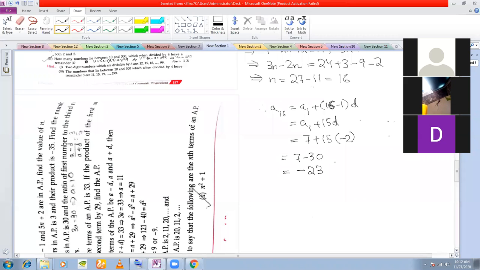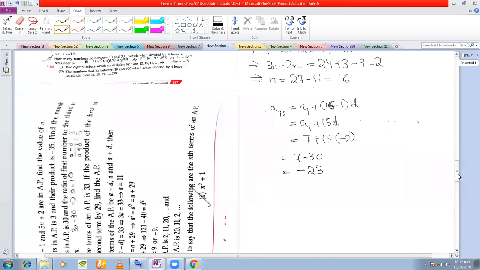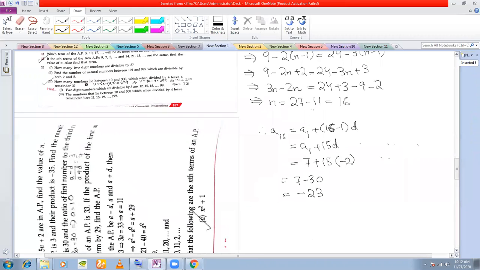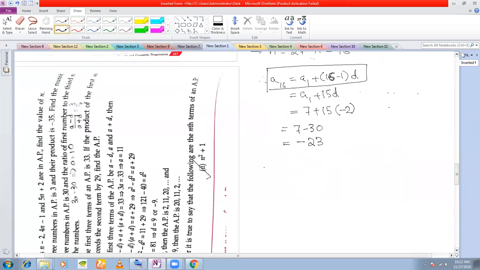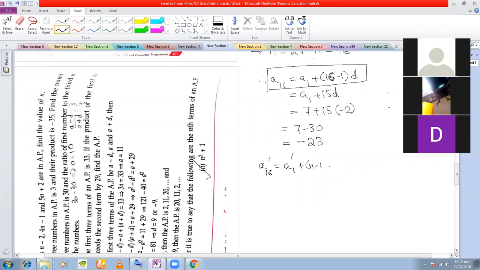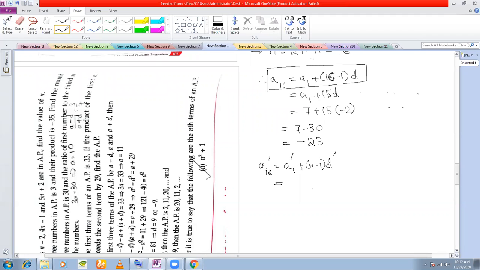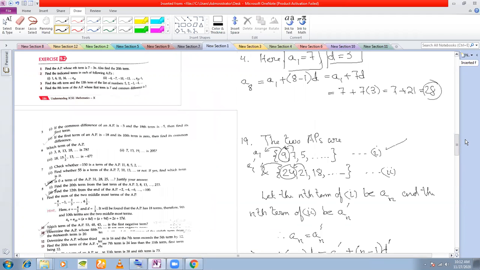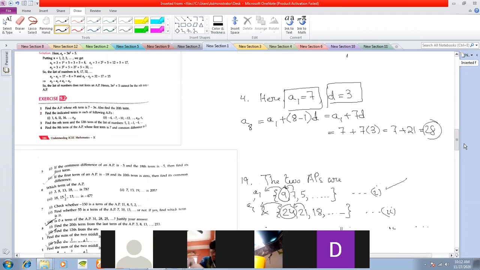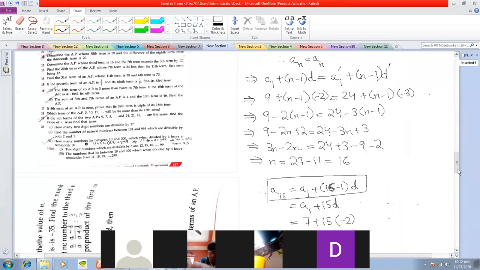Okay, so this is your A16. Otherwise you can also determine A16 dashed from the second AP, and you'll get the same answer. A16 dashed is equal to A1 dashed plus n minus 1 into D dashed. You can do it this way also. A1 dashed from the second AP is 24.